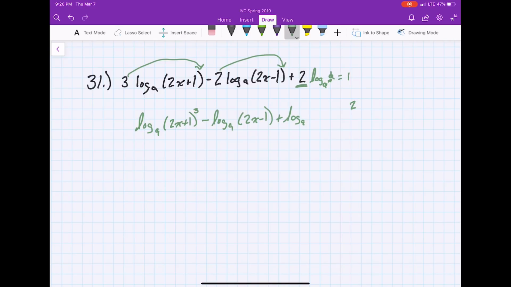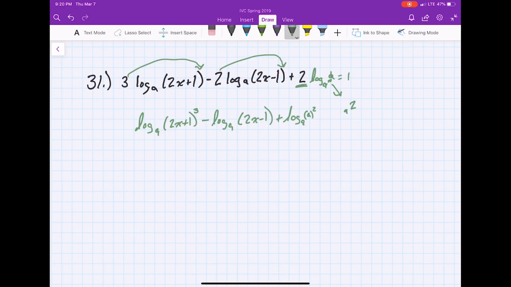So really that 2 is going to become the exponent of the A. I think technically that's how this should work. But like I said, logs are not my strong suit. So if you're confused about this one, I'm going to ask my professor about it. But I'm going to write this this way.